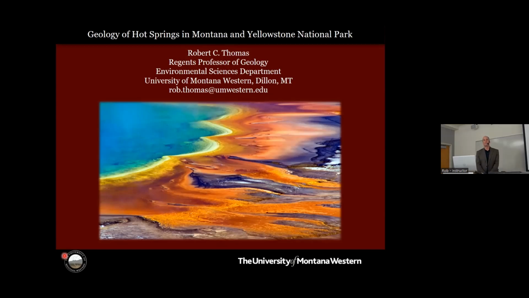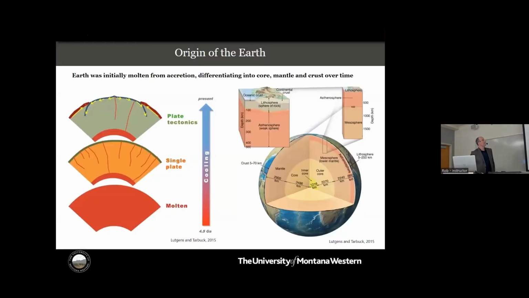So we're going to start from the basics of how the Earth works, and we'll get to then the development of the kinds of geological structures that are required to produce the thermal features that we see in Western Montana, Eastern Montana, and finally Yellowstone Park. Okay, so with that, I will go ahead and move forward and just start from the beginning.